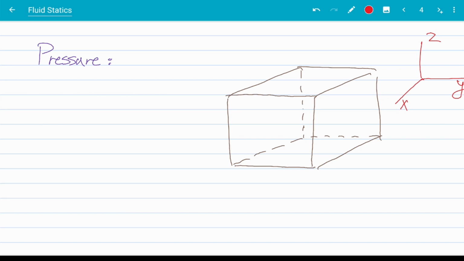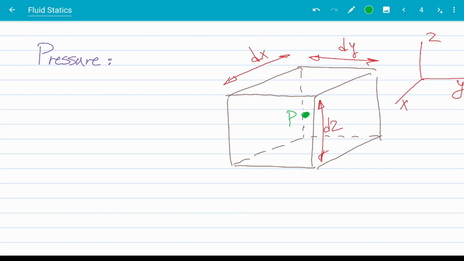Based on this coordinate system, I can put some dimensions on this element. I can say this is dx, this is dy, and of course, this is dz. Now, let's say we know the pressure at the center of this cube. This cube element is our fluid element, and we know that the pressure at the center is P.